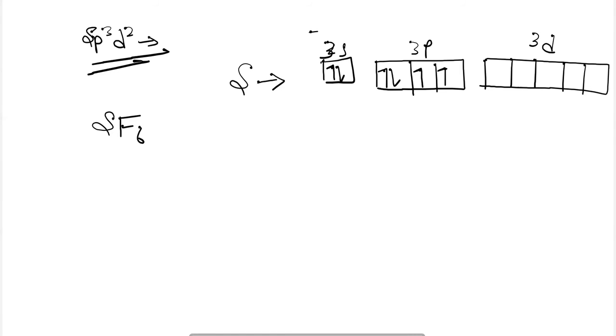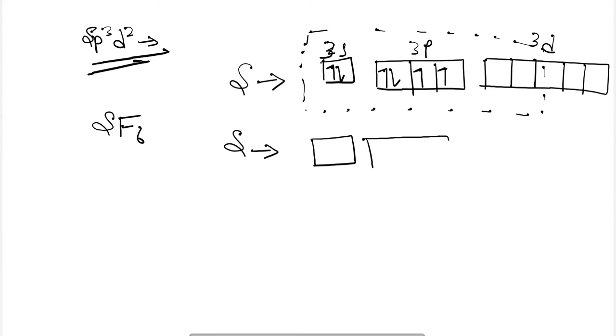So here two vacant d orbitals and four orbitals of 3s and 3p will mix with each other to form hybrid orbitals of sp3d2.